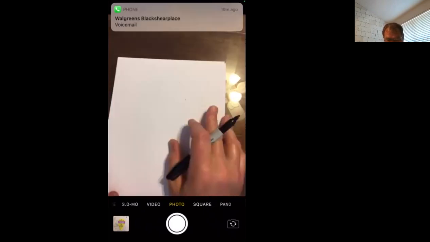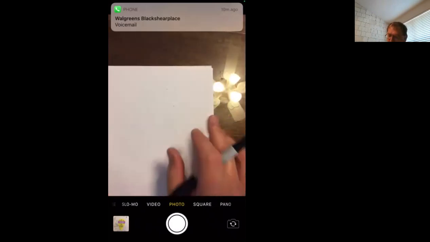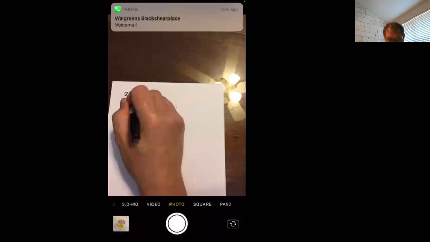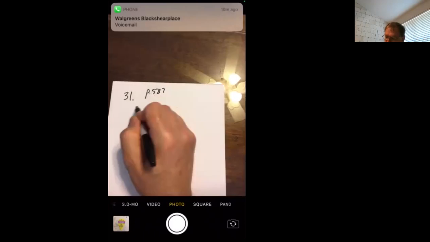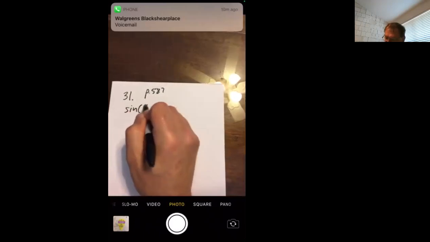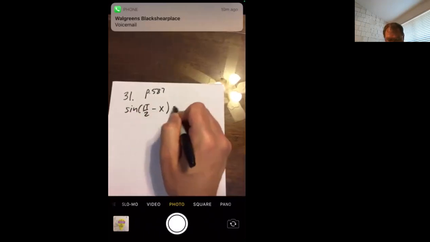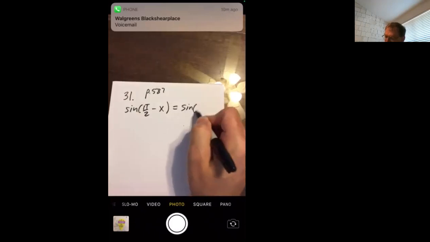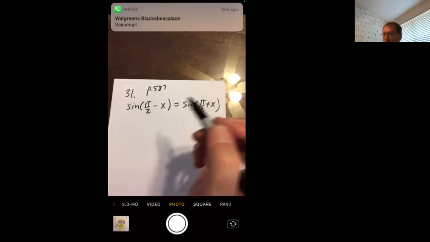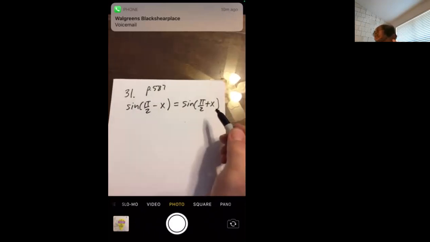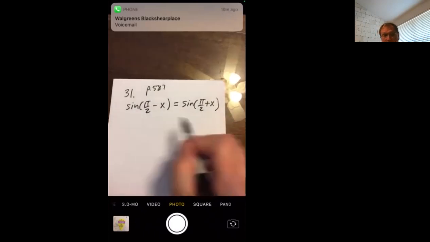What about one like 31? Page 587. Sine of pi over 2 minus x is identical to sine of pi over 2 add x. All right, this is probably going to be a case of using the formulas on both sides.